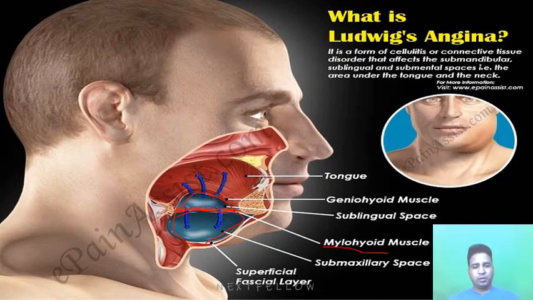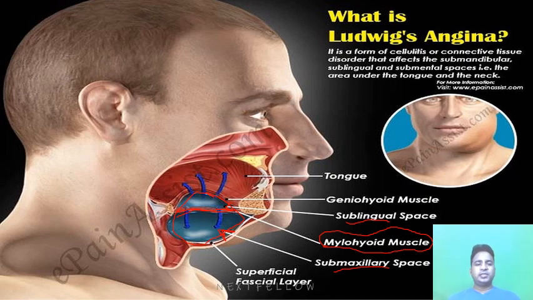The above one is known as the sublingual space and the lower one is the submaxillary space. So the mylohyoid muscle divides this submandibular space into two spaces.